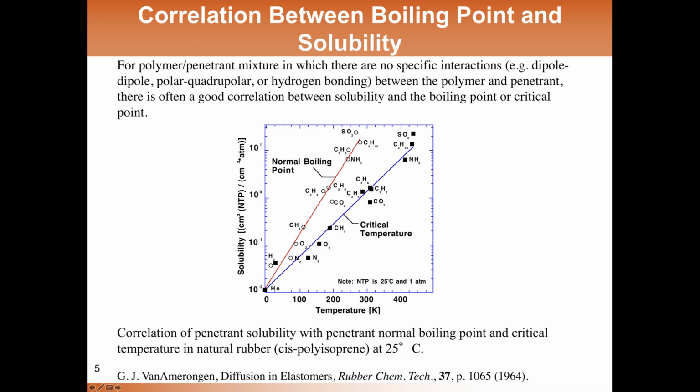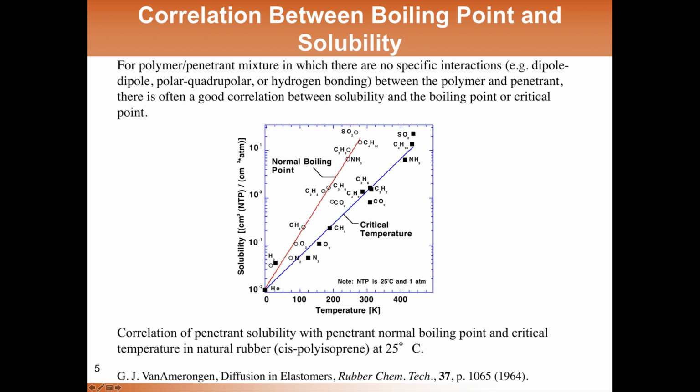And that's being shown here in very old work from Van Amerongen, which is plotting the solubility of a variety of gases in natural rubber, which is cis polyisoprene, at 25 degrees C. And you can see that the open circles here are solubility plotted as a function of normal boiling point. That's the boiling point at 1 atmosphere.